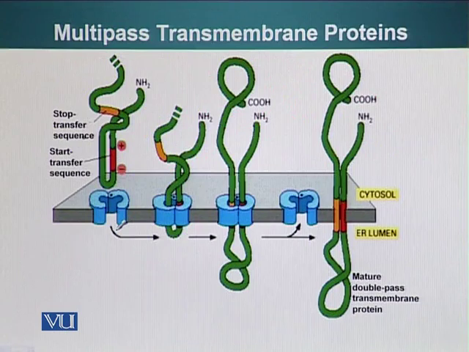Here, for example, you can see a protein which has 2 sequences, this one in red and this one in orange. As you know, first of all, the amino terminus comes out of the ribosome. This is the first signal, which is going to serve as a start transfer sequence, and once this comes out, the production of protein will halt until this sequence is actually inserted in Sec61, the translocator.